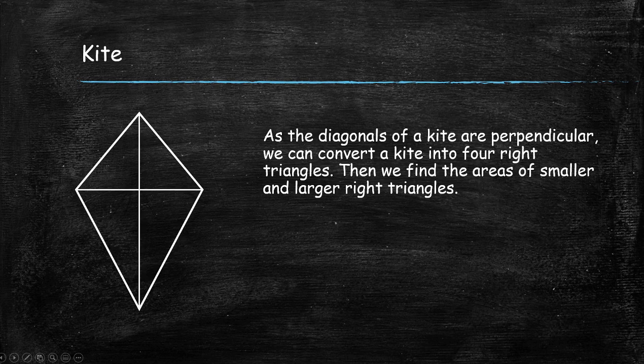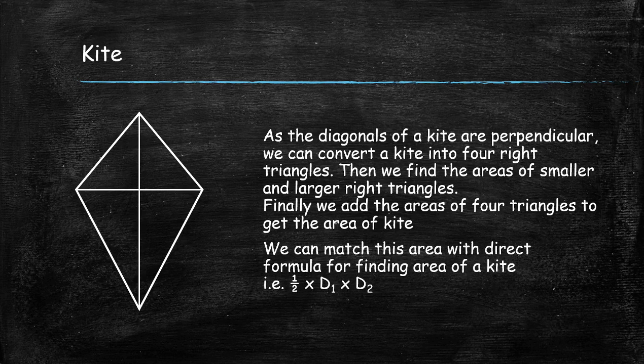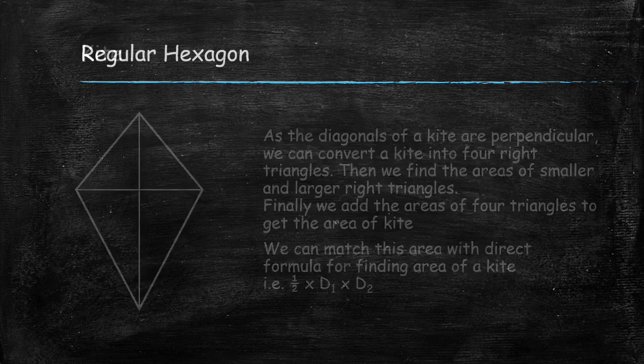Basically, the smaller triangles of the kite are congruent and the larger triangles of the kite are congruent. Finally, we add the areas of the four triangles, get the area of the kite. This matches with the direct formula to find the area of a kite, that is half into d1 into d2, where d1 and d2 are the diagonals of the kite.